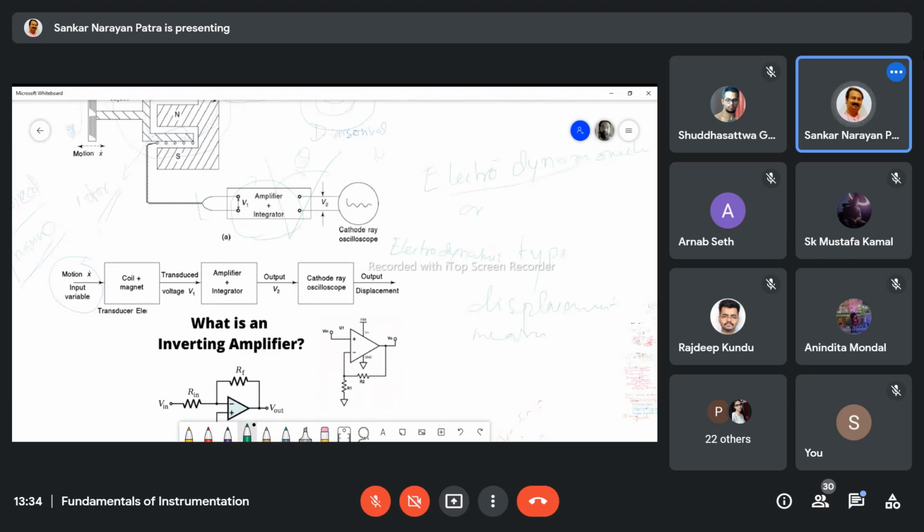Due to that velocity, there will be some small current I fed to the system. Definitely there will be a resistance system, and finally it produces a graph over the oscilloscope. The whole system is a block diagram in this way. The motion Vx is detected as the input variable, coil and magnet form the transducing element, and next is the amplifier or integrator.